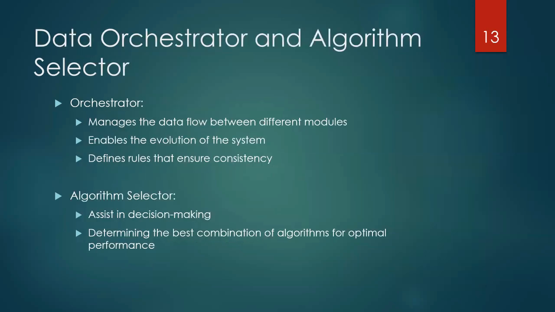So how can all of these be built together? The idea is that the algorithm selector and the data orchestrator are the glue that makes everything work together. The orchestrator is responsible for making sure that data flows through the three different modules without any issues, and that the system knows the requirements of the algorithms and the output of each algorithm, so that there is consistency within the modules.